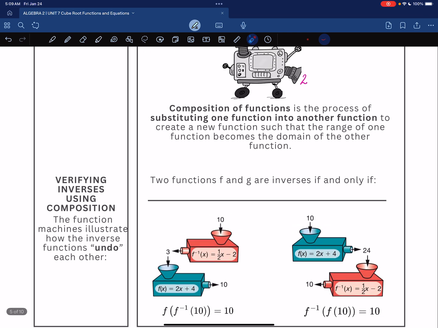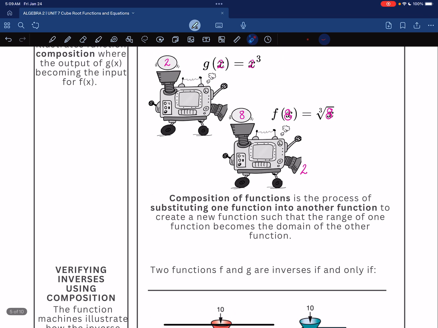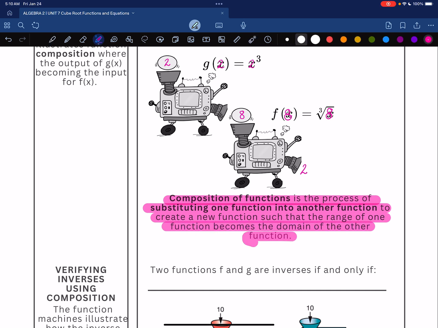Composition of functions, what we just modeled with these little machines, is the process of substituting one function into another function to create a new function such that the range, or the output, like we saw right here, the outputs of the first function become the inputs of the second function, or the domain is what we call that.